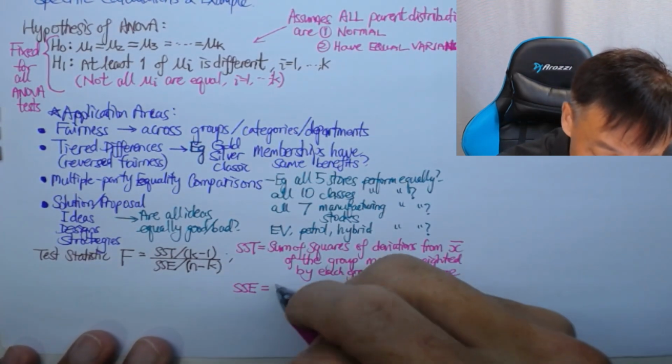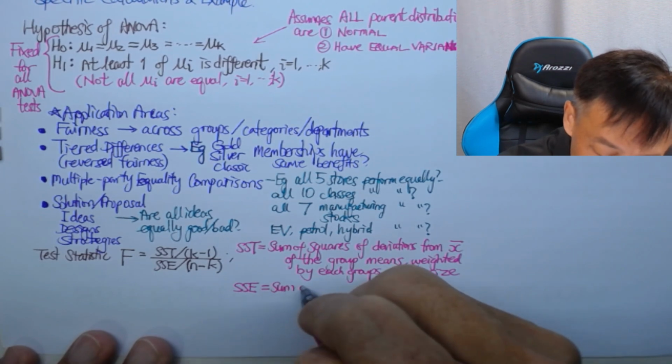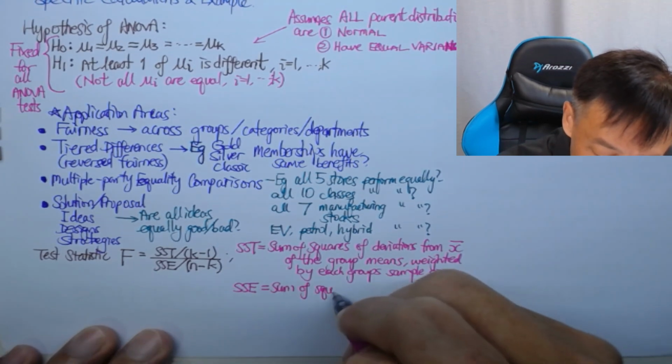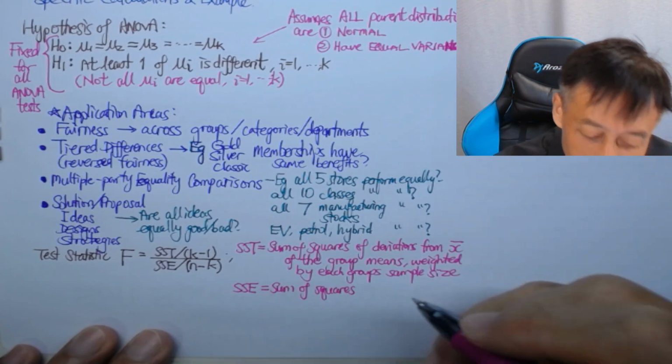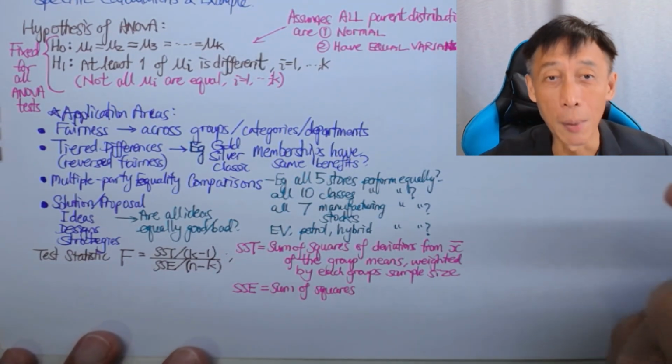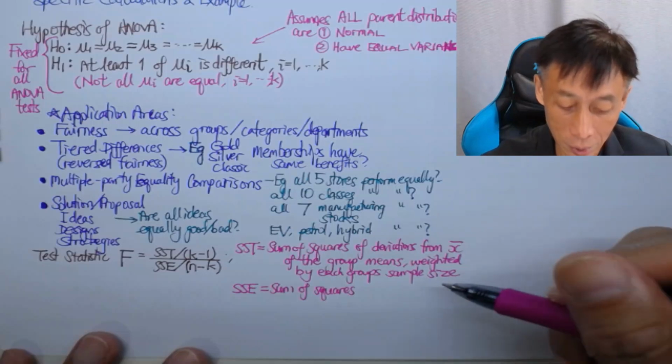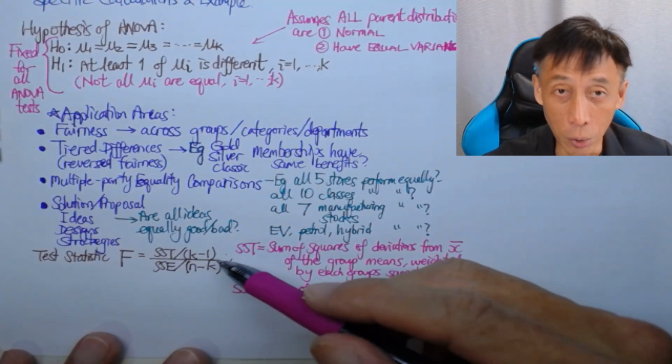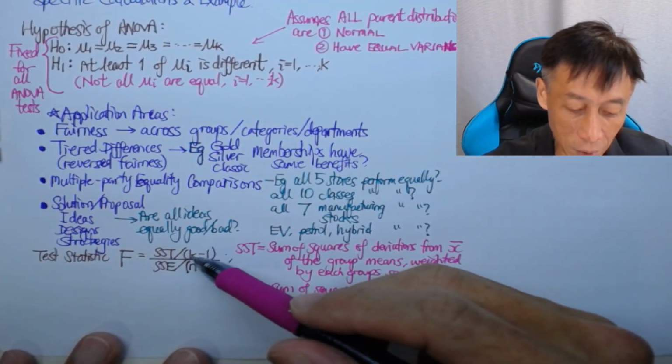So next is SSE. SSE is similarly a sum of squares. When we talk about sum of squares, there's a strong smell of variance involved, right? You just divide by the number of samples, then that is already variance. So that is the kind of thing that we are doing.